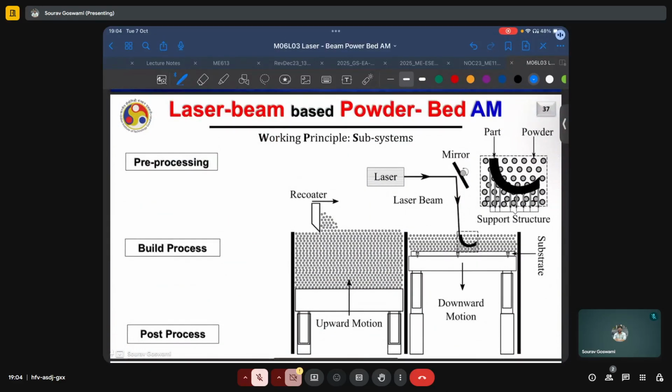Now, just like the other AM processes that we discussed, a generalized flow will consist of pre-processing, build process, and post-process steps. Pre-processing includes making the digital design or obtaining it directly, then tessellating it or slicing it either directly or indirectly, checking for vulnerable regions such as overhangs, generating support structures if needed, and transferring them to the machine.